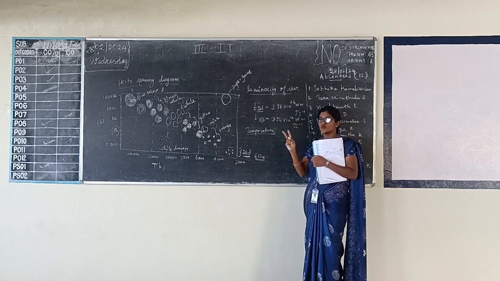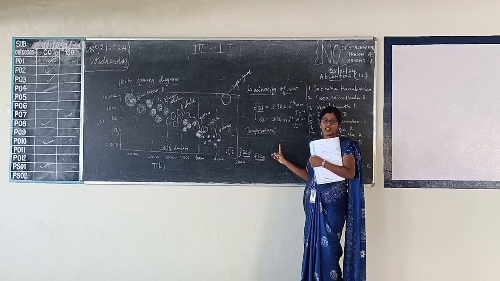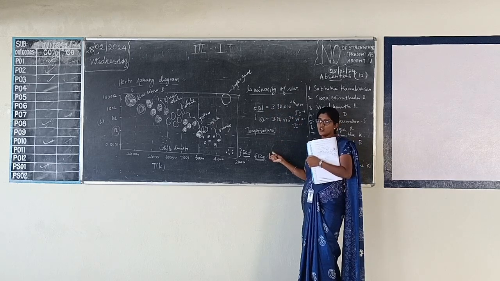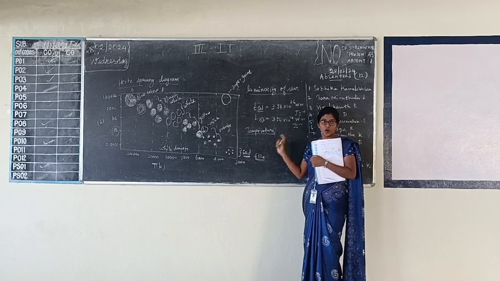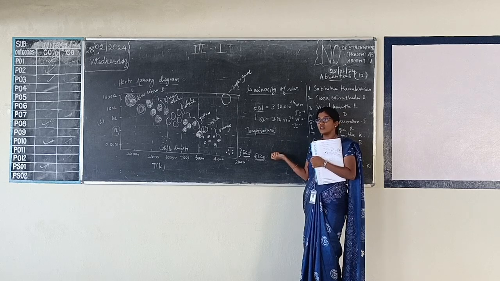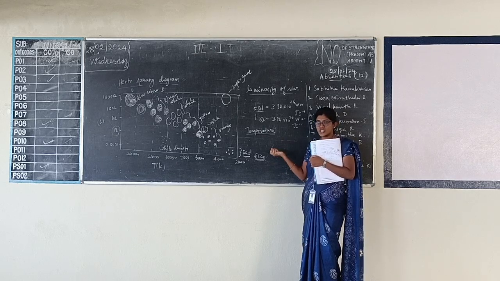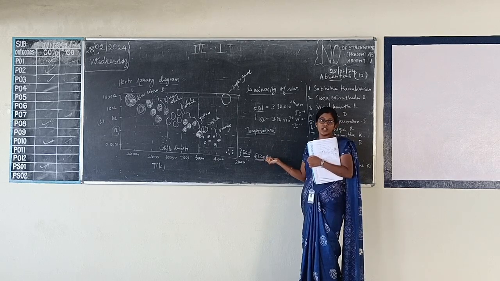When comparing two stars, one bigger and one smaller, which radiates more? If one star is smaller in size with small surface area and another is larger with large surface area, which star radiates more? The largest star.